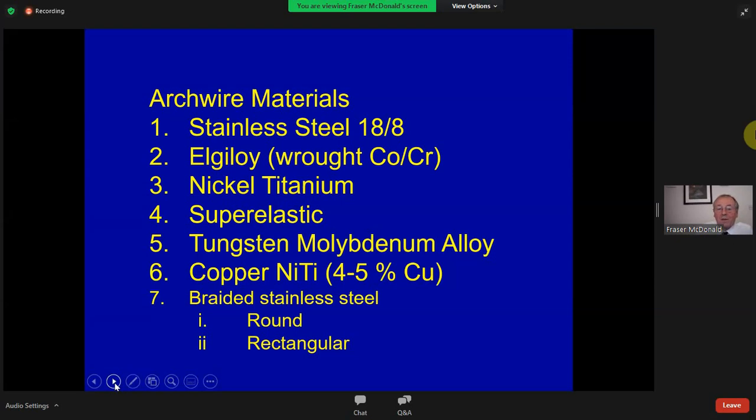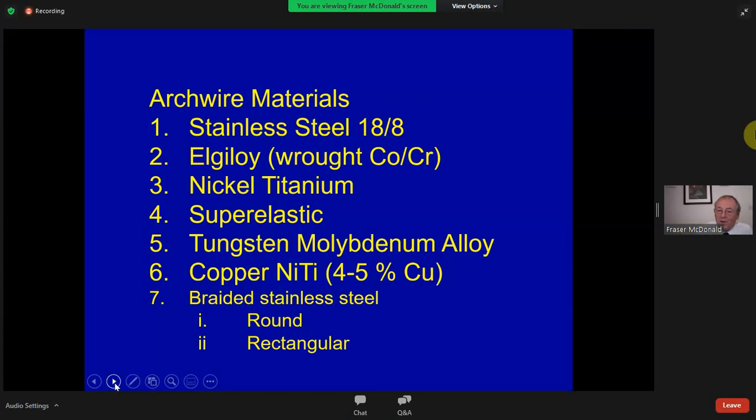The other types of archwire materials: alloy, wrought cobalt chrome, as opposed to the famous cast cobalt chrome we used to use for dentures. The nickel titaniums you can use, the superelastics, the tungsten molybdenum alloys, copper nitide. Famous question is what percentage of copper is there in copper nitide? And we mustn't really forget the braided stainless steel wires that are out there.